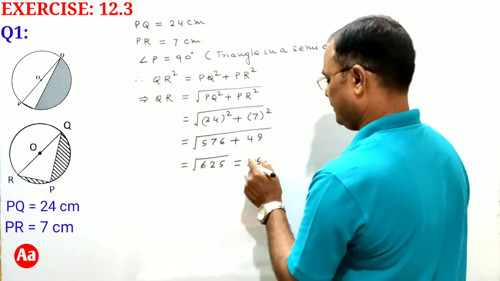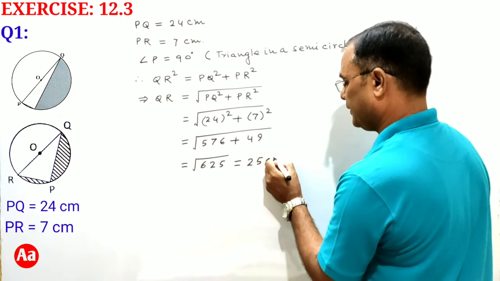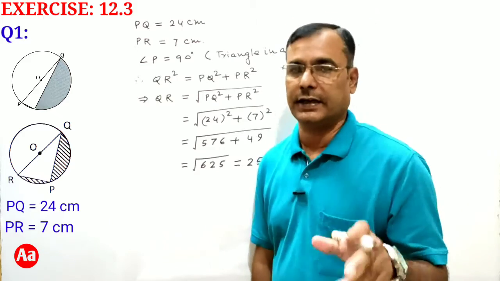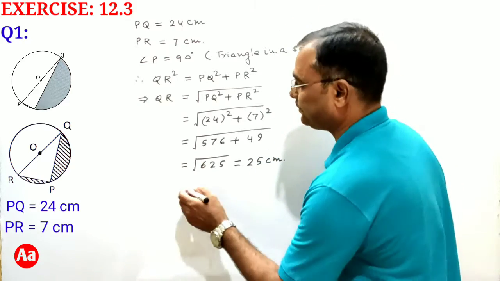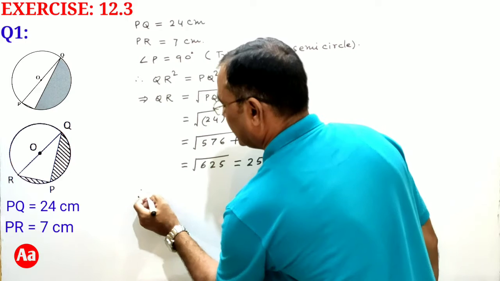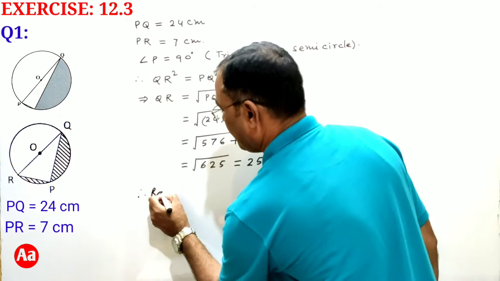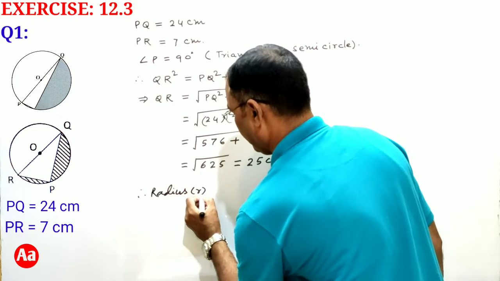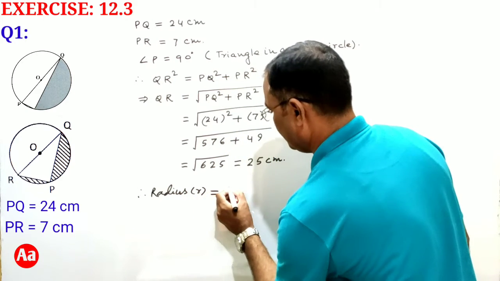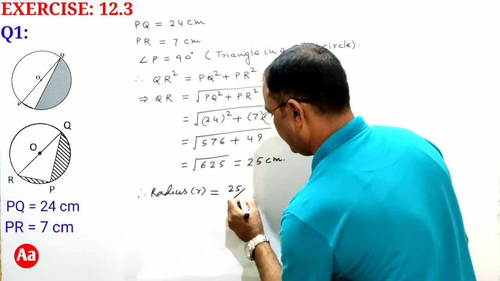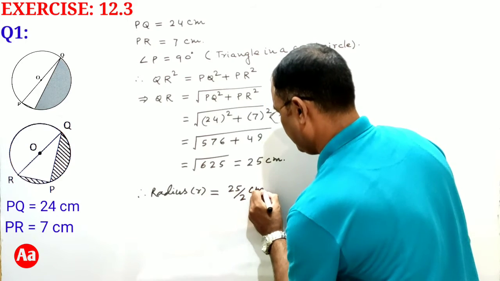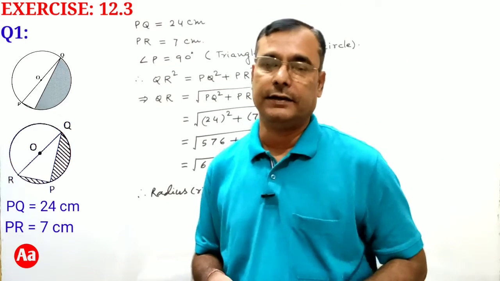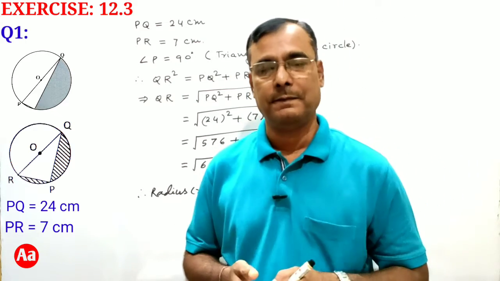So QR we have got 25 centimeter. So therefore radius of the circle whose center is O, radius R is equal to 25 by 2 centimeter.